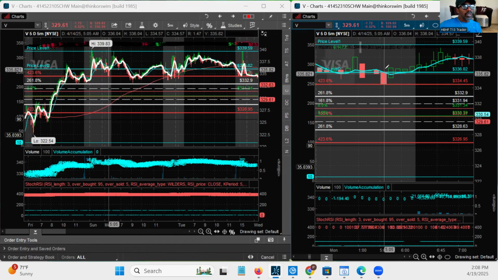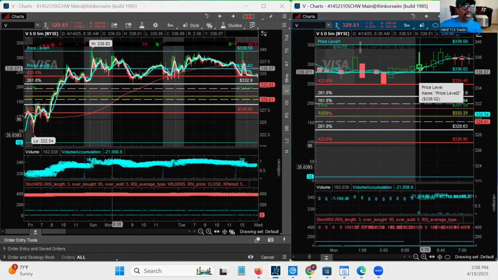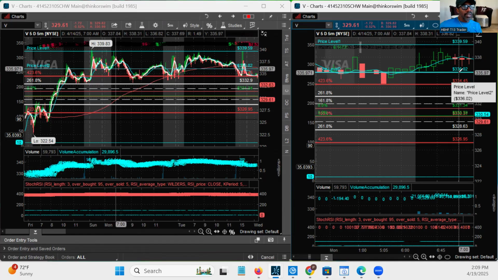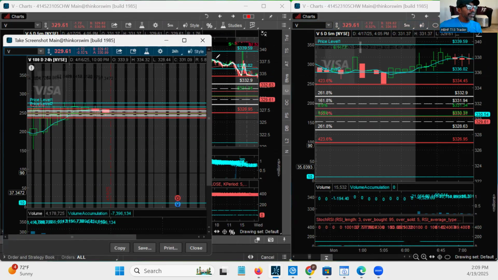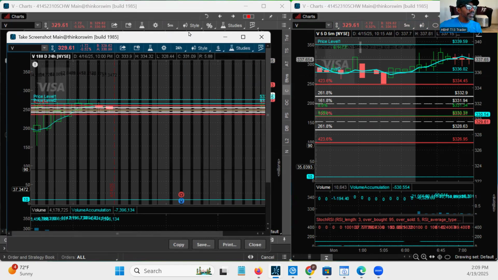on the open. So this right here shows you can enter this trade from 6:30 in the morning. It opened above yesterday's close. Remember we said the close? Where's our screenshot? There it is. Let me make sure you look at this.